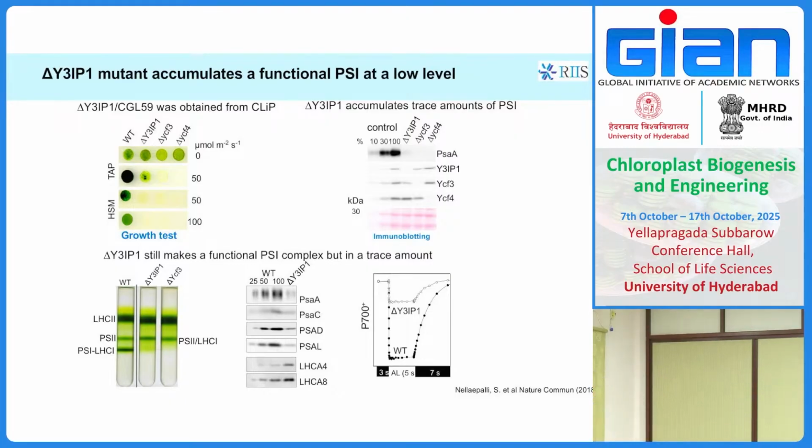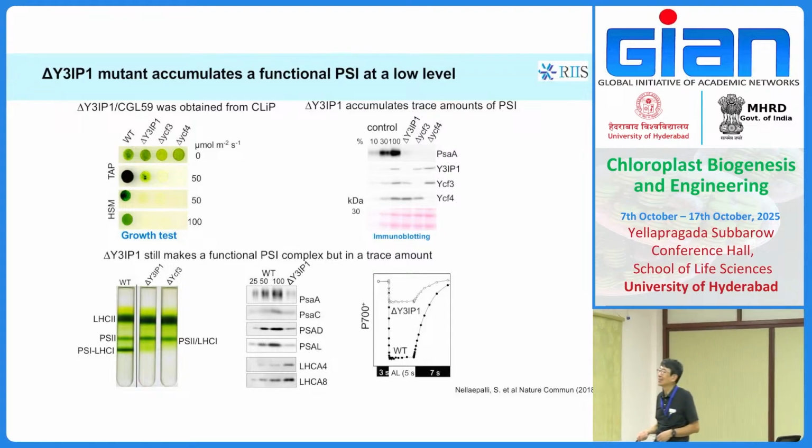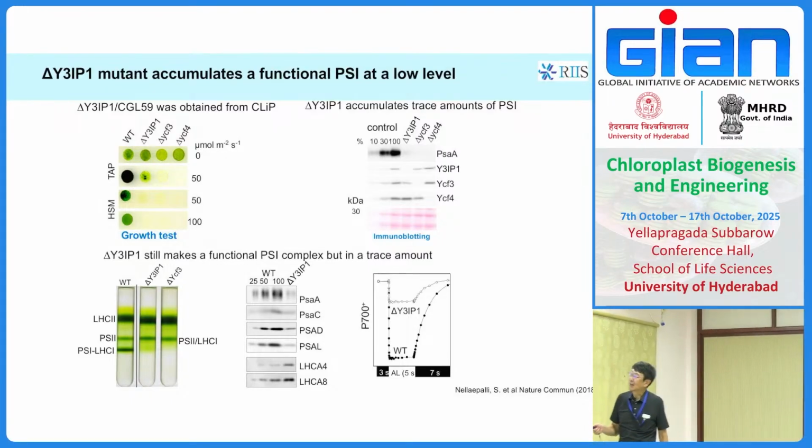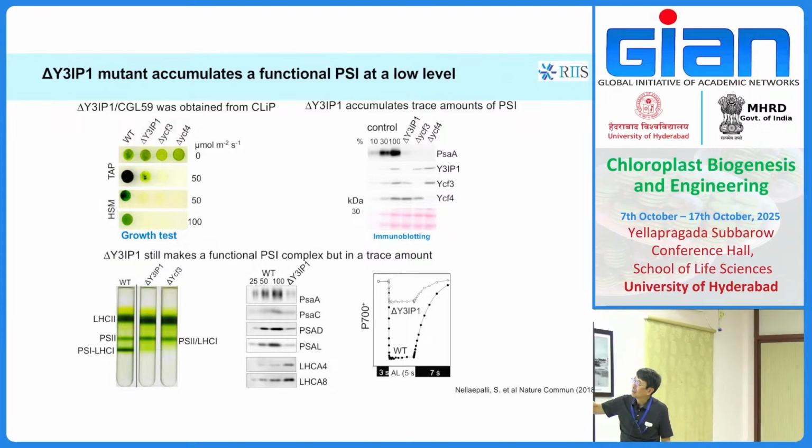Number 59 is another name of Y3IP1. So we obtained the CLiP library of Chlamydomonas, which we can obtain by paying $100 US dollars. So we can get this delta Y3IP1 mutant, the YCF3 mutant, the YCF4 mutant.